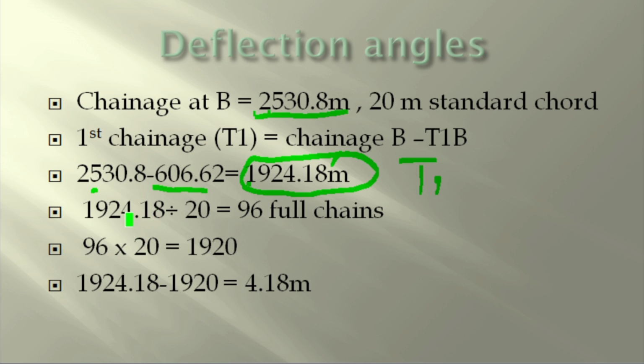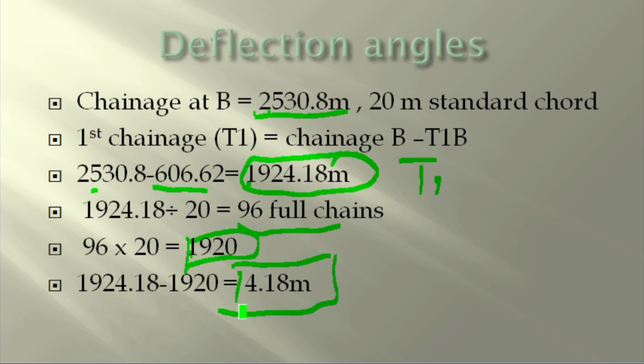By the formula that I always use to calculate the remaining distance covered in order to get the chord, I divide by 20. I have 96 full chains. By multiplying, I get the full chains covered a distance of 1920 meters. That means the distance that remained to be covered was 4.18 meters, in order for us to reach where T1 is, and here we are using full chains of 20 meters.